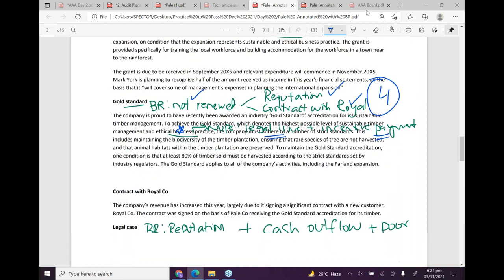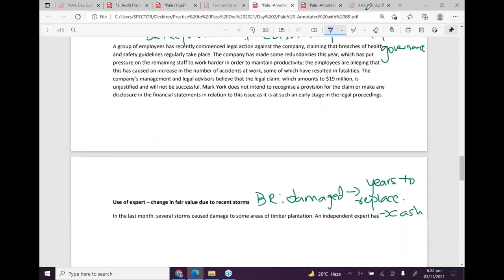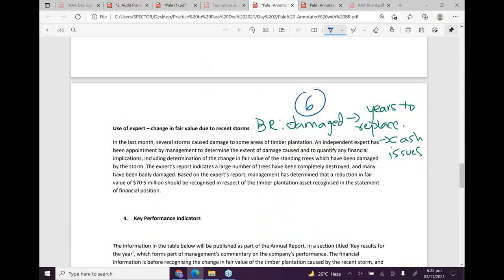Then regarding the legal case, there were lots of potential impacts: the reputation, the cash outflow, the fact that there's a lot of burden on these employees is also indicative of poor governance as well. Very few people were able to answer or identify risk number 6.